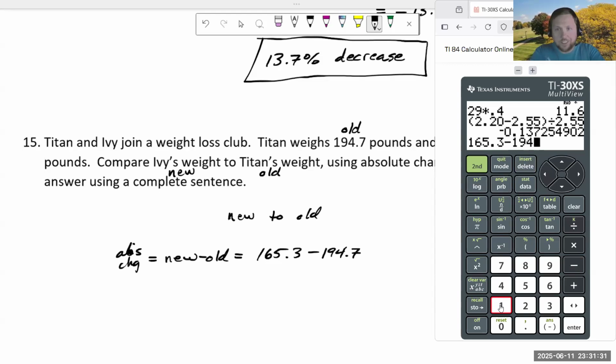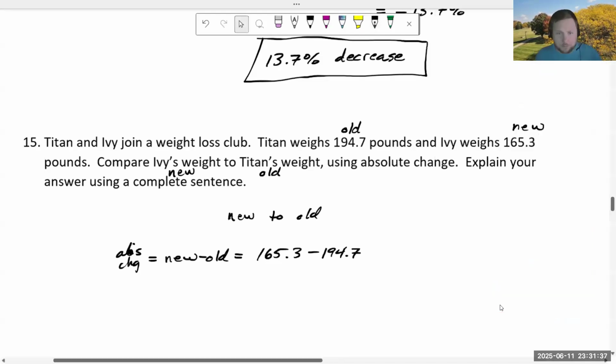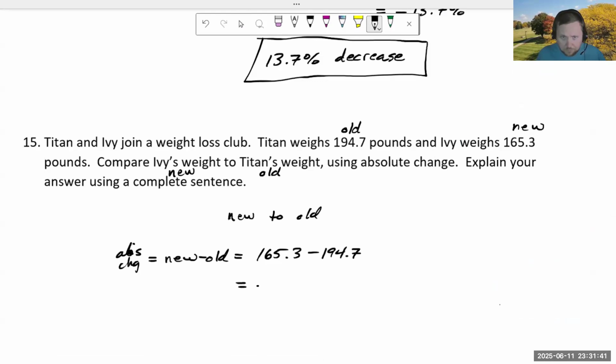There we go. So I get negative 29.4. And then that's pounds.